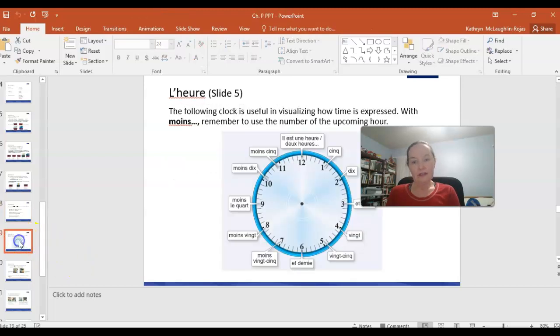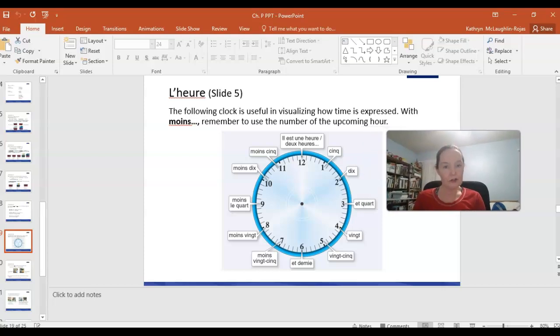Okay, and finally, you can see this kind of handy chart or clock face that shows you how time is expressed. So we can start with il est 1 heure, il est 2 heures, right here. Let's say il est 1 heure or 2 heures, etc. That would be two hands pointing at the 12.